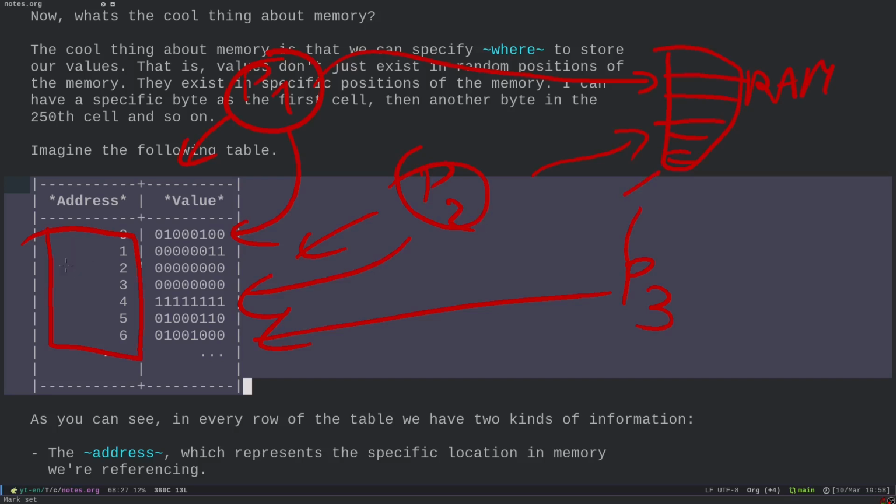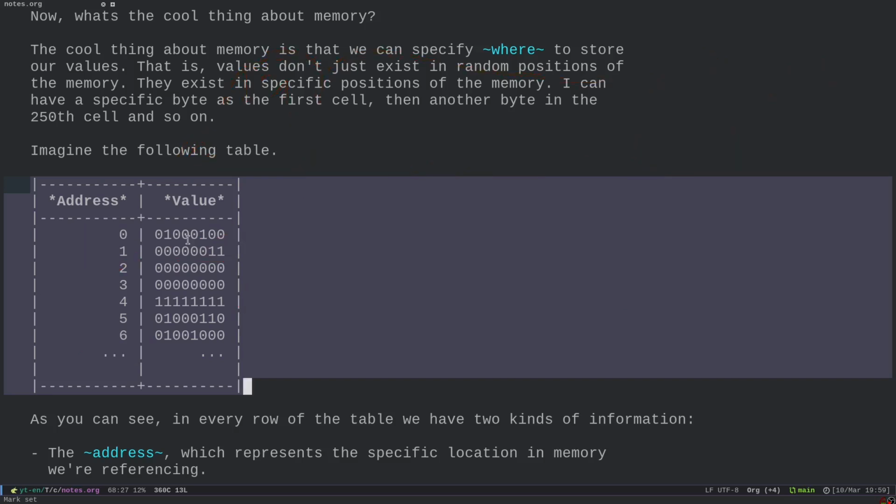The address values are the same. For example, P1 can use 1 for a certain reason, P2 can use the same address value, but for a different value. So we can have the same addresses with different values, because each process has its own memory. It is an abstraction over real physical memory, which is why it's called virtual memory.